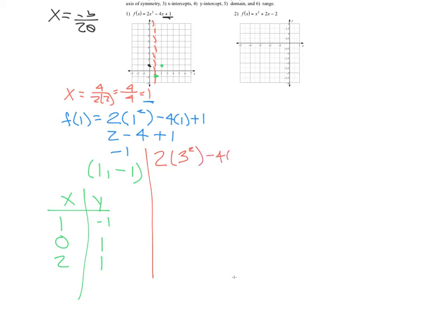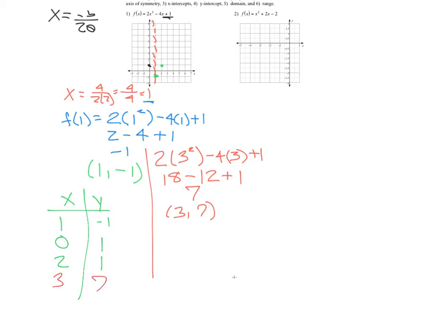Minus 4 times 3 plus 1. All right, so I have 3 squared is 9 times 2 is 18. Negative 4 times 3 is negative 12 plus 1. So 18 minus 12 will give me 6 plus 1 will give me 7. So that means I will get a point of 3, 7.